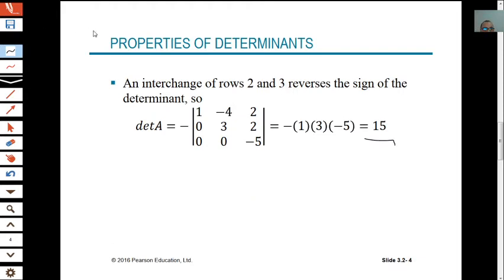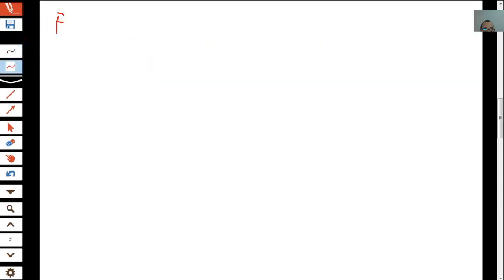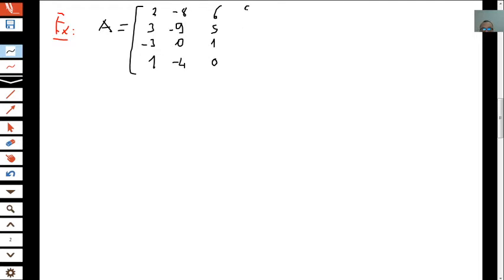Another example. The matrix A is given by 2, 3, minus 3, 1, minus 8, minus 9, 0, minus 4, 6, 5, 1, 0, 8, 10, minus 2, 6.